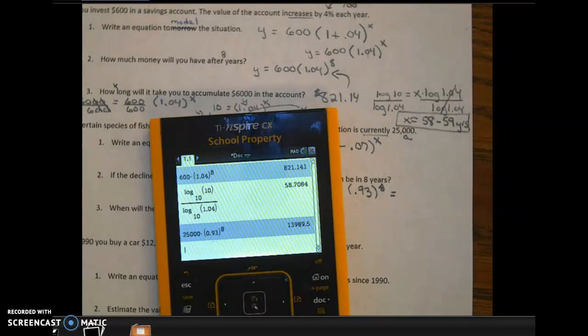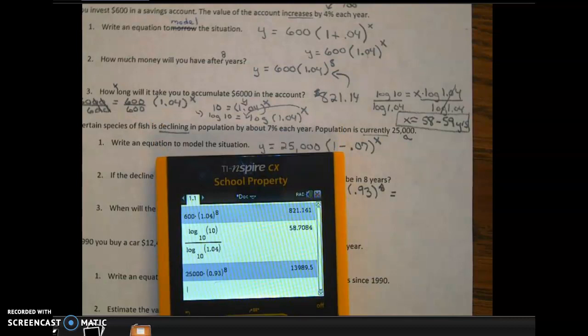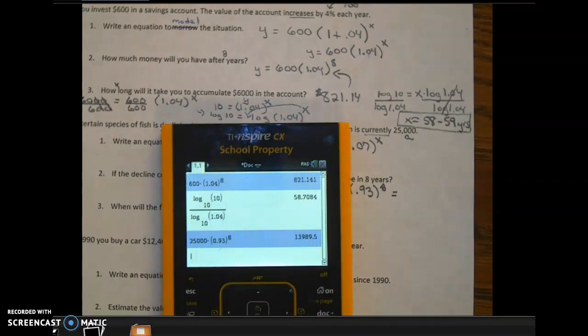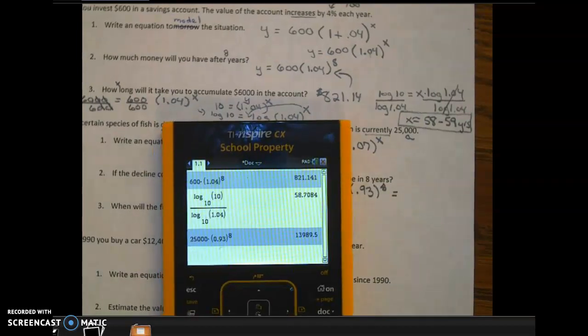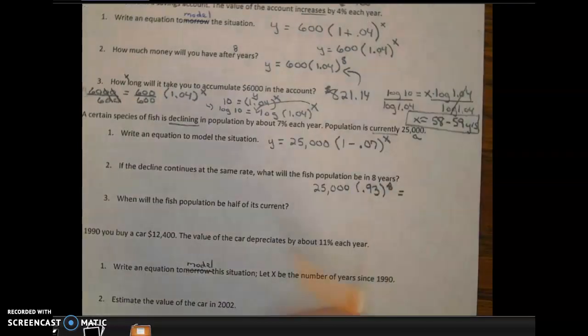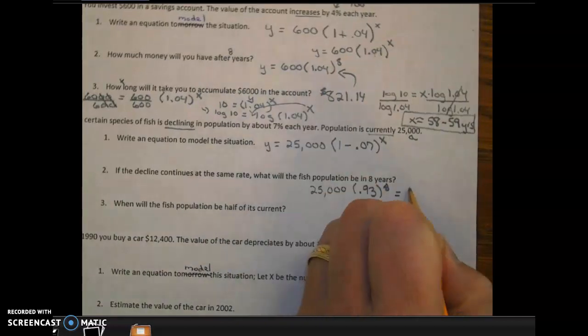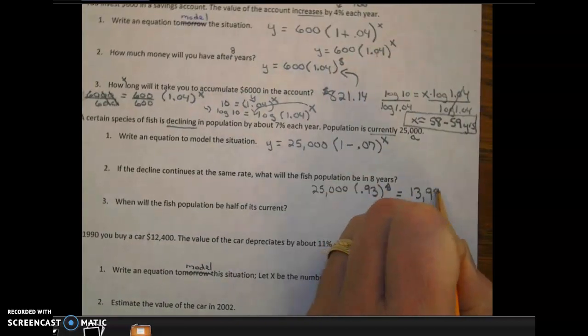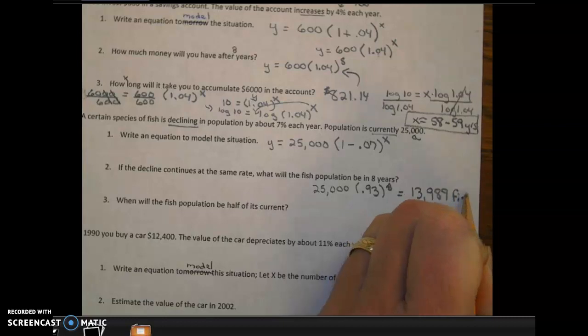Sorry, I got money on my brain. This is actually, we're talking about fish. So 13,989 fish. Do not round up when you're talking about counting things. So we're going to round down. 13,989 fish.